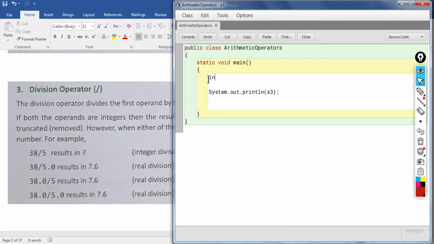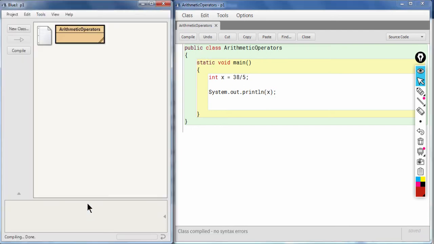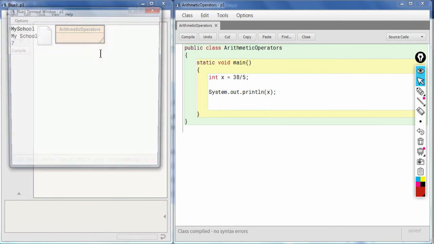So int x is equal to 38 divided by 5. The value of x will be 7, right?